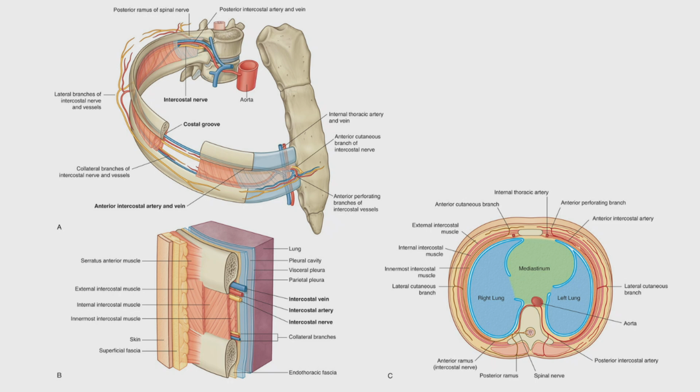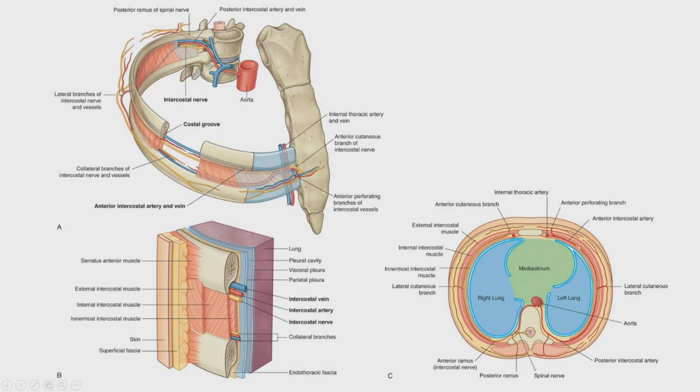And here is the recapitulation again, which is very important. You see that this is the aorta, which is giving the posterior intercostal arteries. This is the azygos vein that is draining the posterior intercostal veins. And those are the intercostal nerves, which we said are the ventral branches of the thoracic segments of the spinal nerves. They are going between these two muscles, the innermost intercostal and internal intercostal.